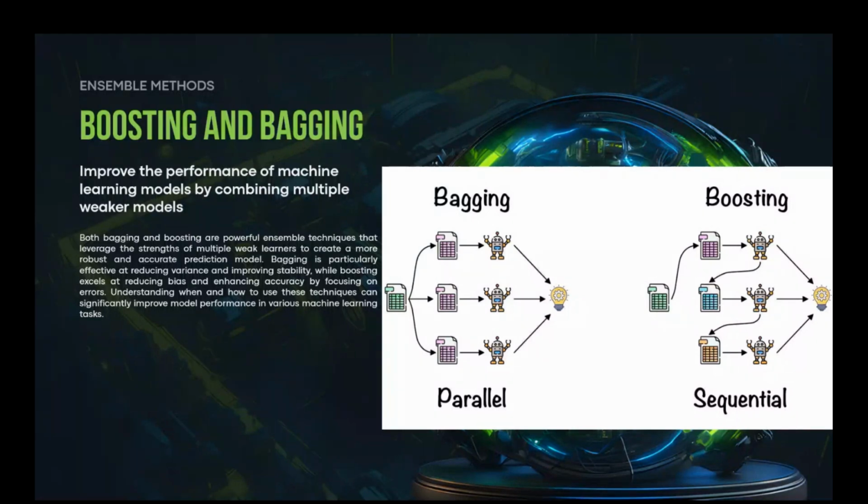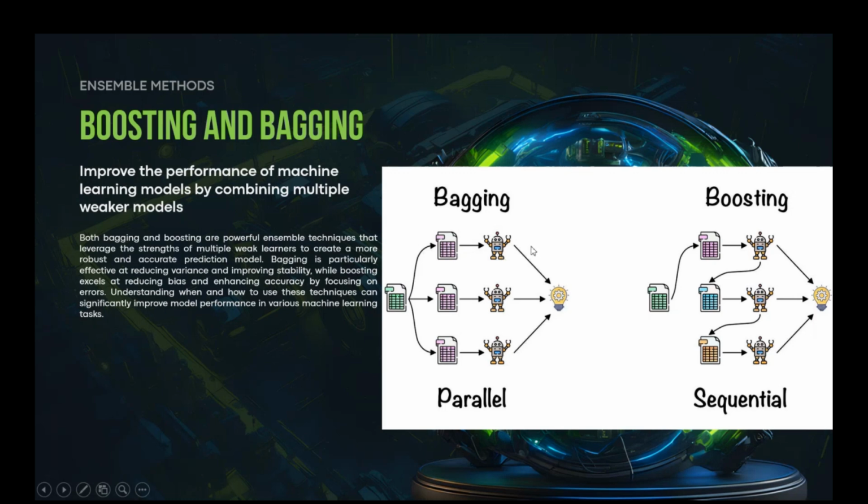In the graph, you can see there are three parallel algorithms running, a model running on each subset of the data. And then at the end we average the output of these models, and that's why it's able to give a more accurate result than just a single model.